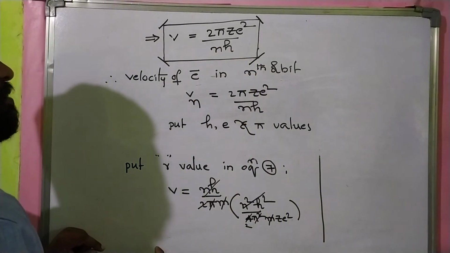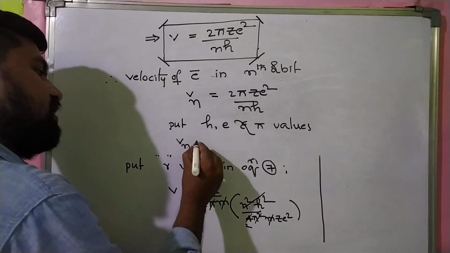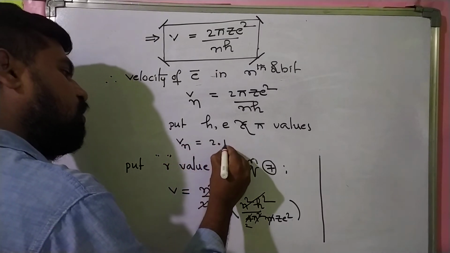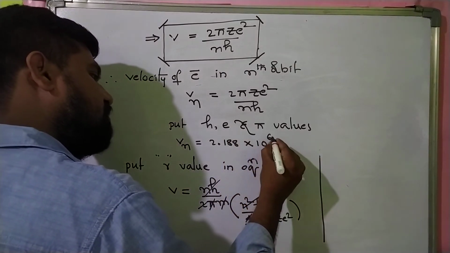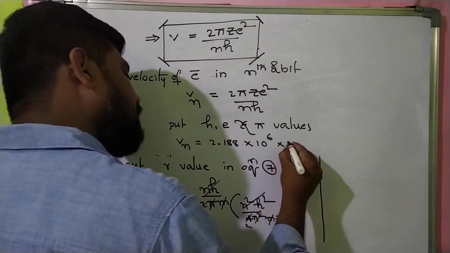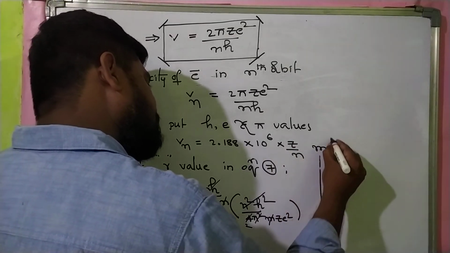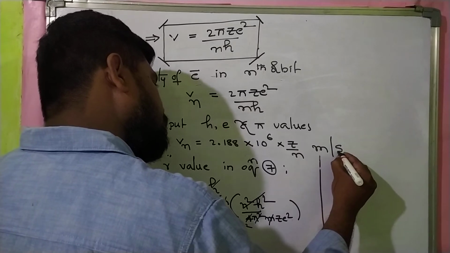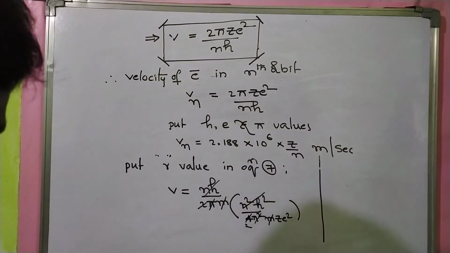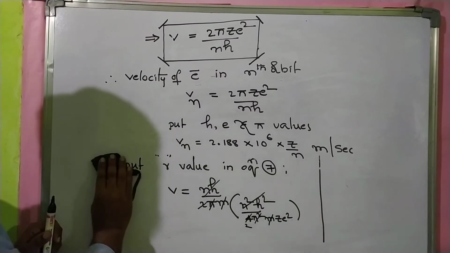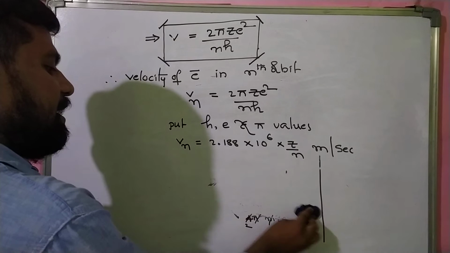Now we get vn equal to 2.188 into 10 to the power of 6 into Z by n meter per second. This is the most important expression, very important. Please keep this again in a golden box.